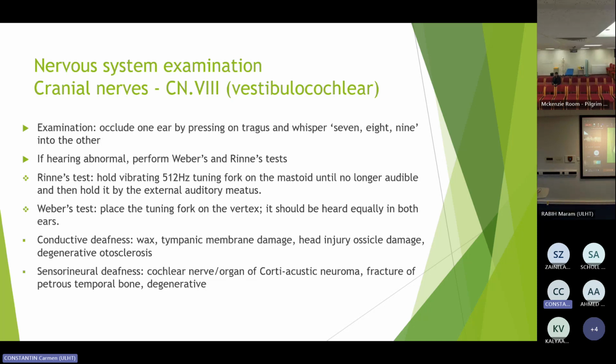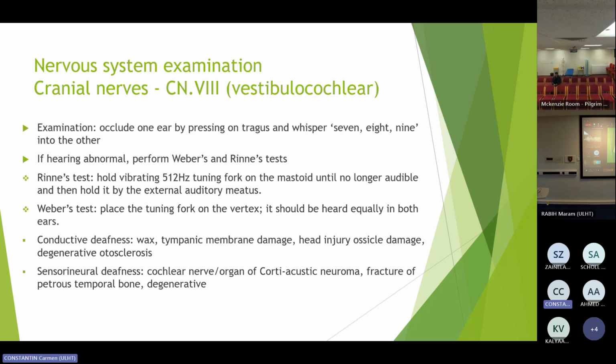Rinne's test is to hold the tuning fork on the mastoid until it is no longer heard by the patient, and then to hold it by the external auditory meatus. Weber's test is to place the tuning fork on the vertex, and it should be heard equally in both ears.